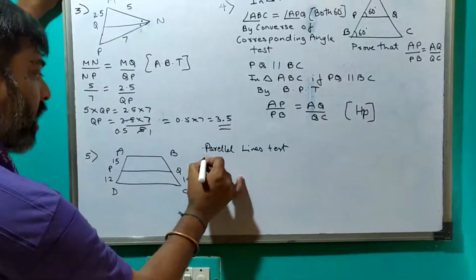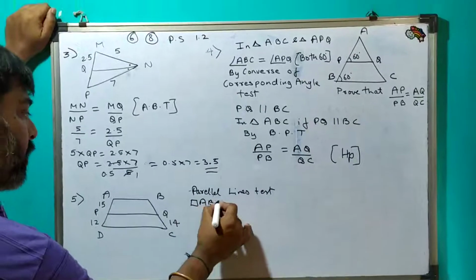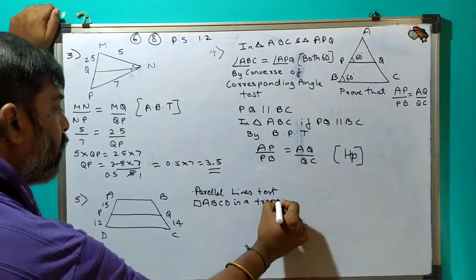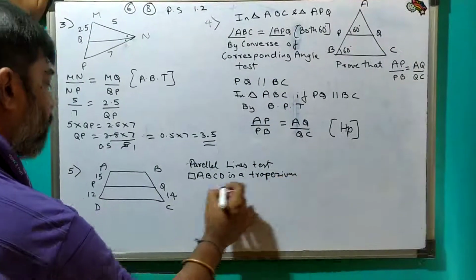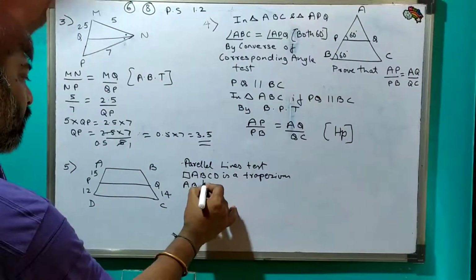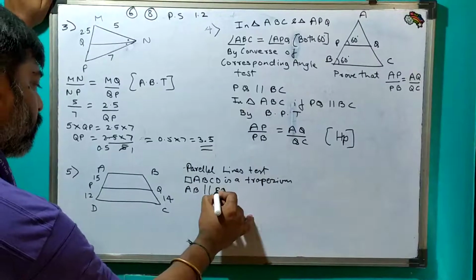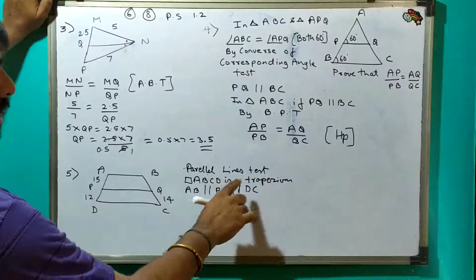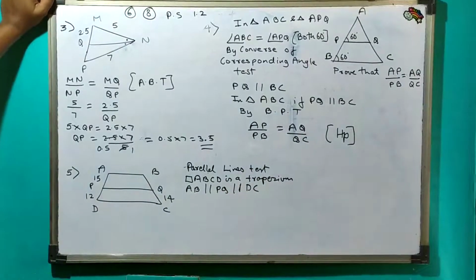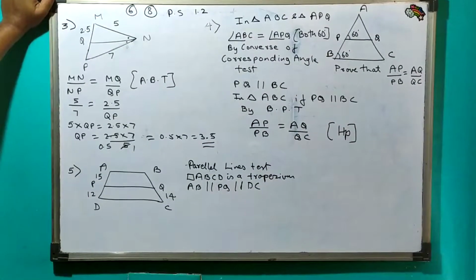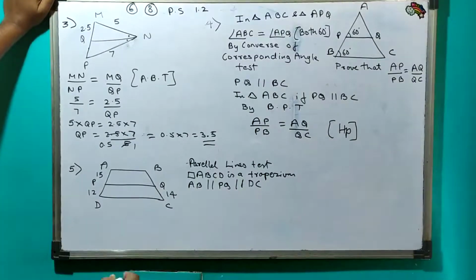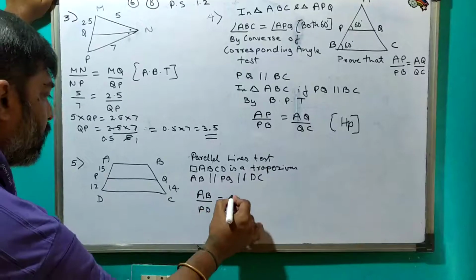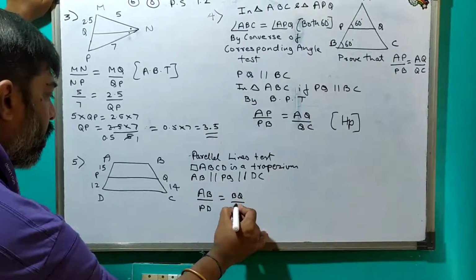So over here, they have given that quadrilateral ABCD is a trapezium and AB is parallel to PQ, is parallel to DC. Therefore, by the test of three parallel lines, solved examples have been given on that. It has to be determined that AP upon PD is equal to BQ upon QC.